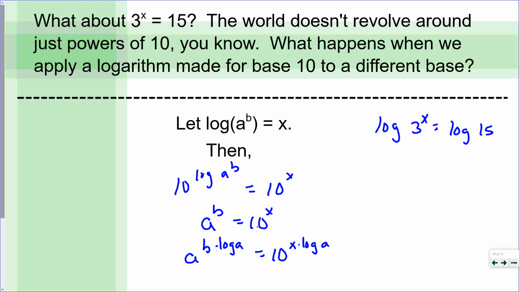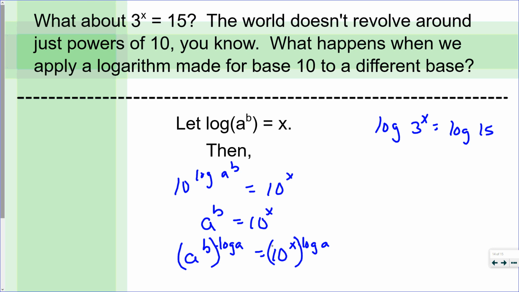I can do that because I'm just multiplying the exponents by log a on both sides. So this totally works. Why does this work? Because of the power of a power rule. I'm simply taking both of these quantities and applying a log a exponent to both sides.